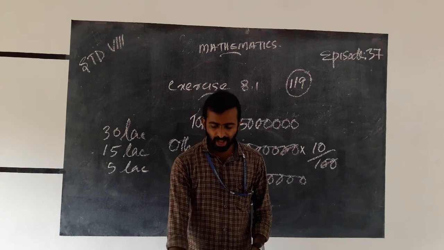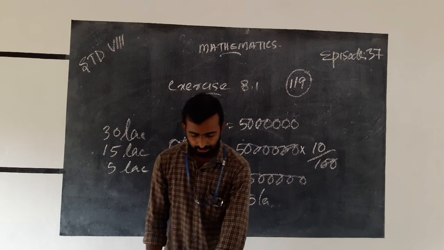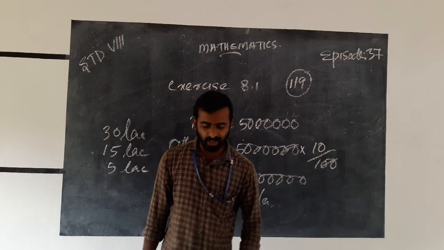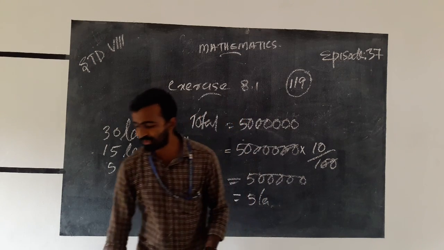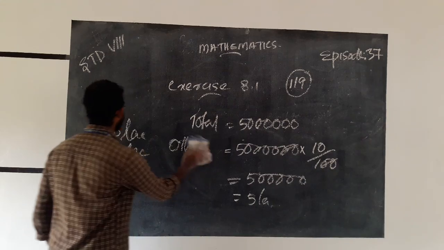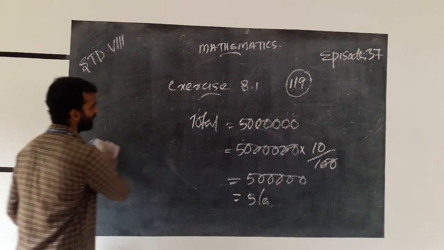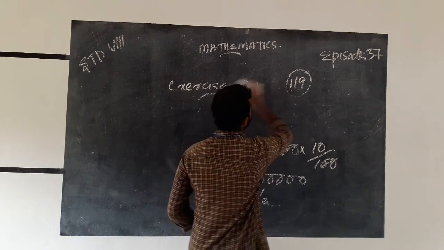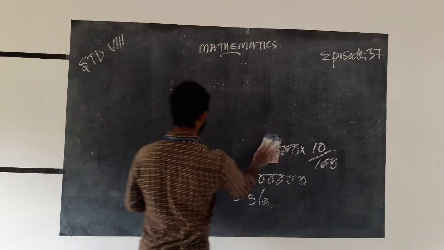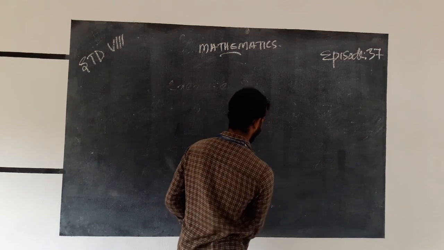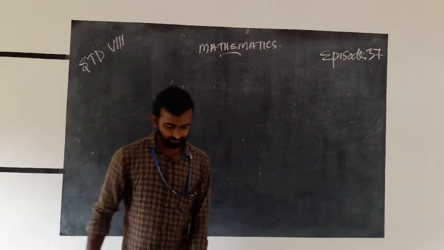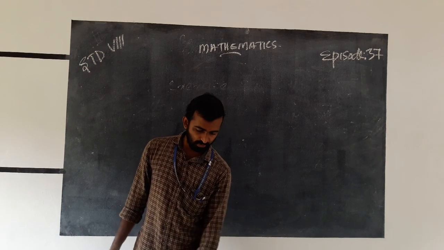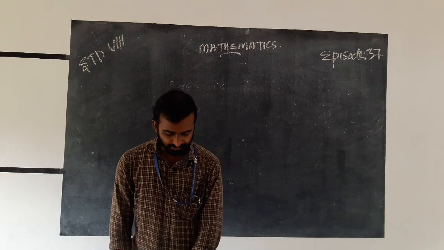The first example: the price of a scooter was 34,000 last year.